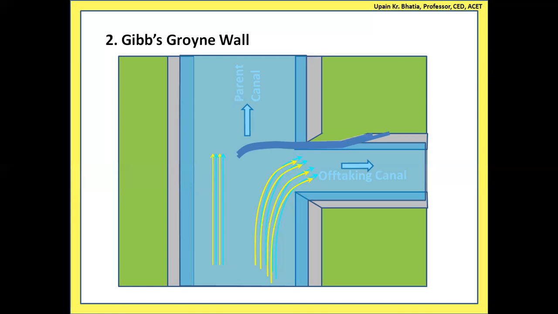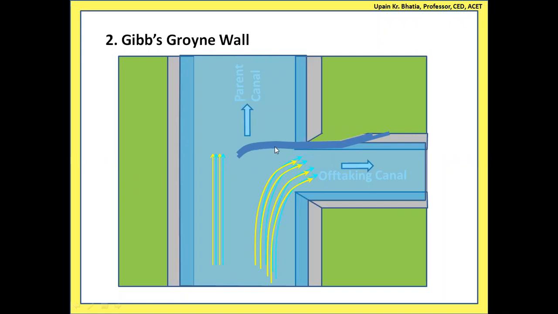Now, if it is just dividing the overall flow and the silt content in the same proportion, most of the time this is what is expected or required in these canal networks. But if due to some reasons you find that lesser quantity of silt is expected into this offtake canal, then what we can do is this wall is provided with some holes at the bottom.